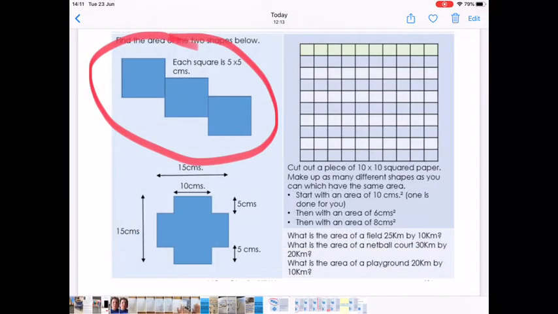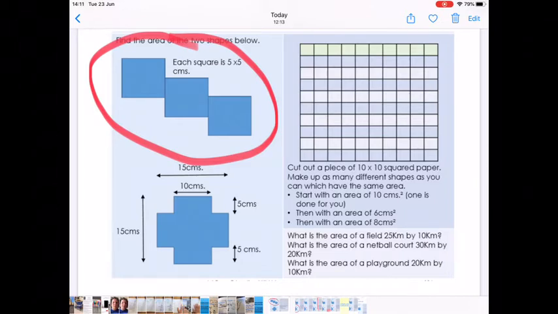For our first problem, I have to calculate the area of two shapes. Let's look at our first shape, the one I've circled here. Now, it looks like there are three squares that measure 5 by 5 centimeters.